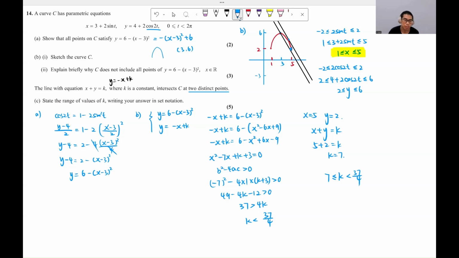So just be careful, for parametric equation questions, it's all about the domain and range. And they want us to write in set notation. So I will say, okay, k and then a straight line, and then k more than or equal to 7, less than or equal to 37 over 4. That would be the final answer. Or some people use a double dot. I think both work, but I normally just draw a straight line here.